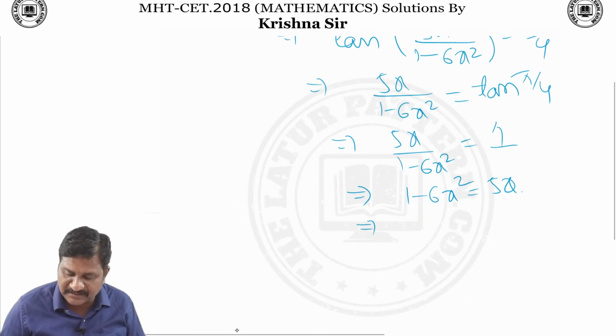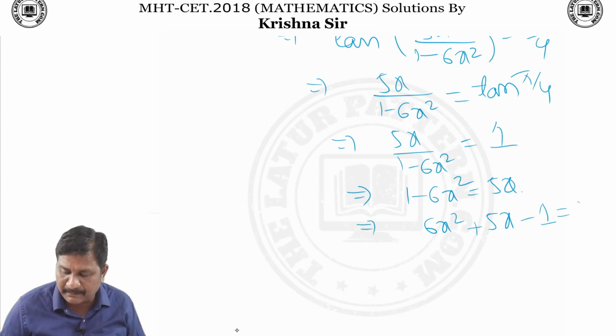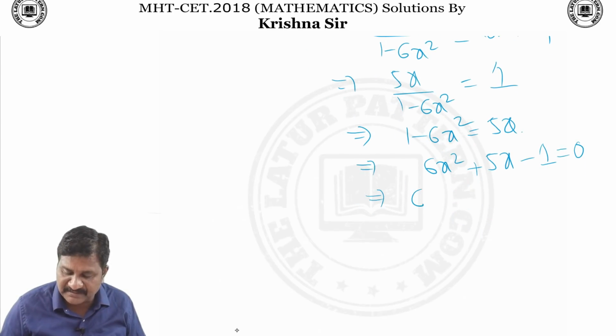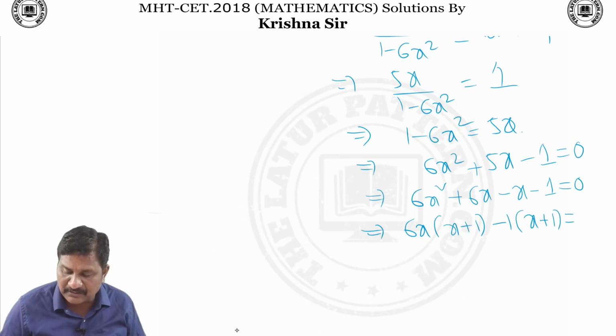Now 6x square you take to this side, it becomes plus, already 5x, and the 1 we are getting on this side is minus 1. Now by taking the factors, 6x square plus 6x minus 1x minus 1 is equal to 0. Now 6x we are getting common, x plus 1, minus 1 we are getting common, x plus 1. So the factors give x is equal to minus 1 and x is equal to 1 by 6.